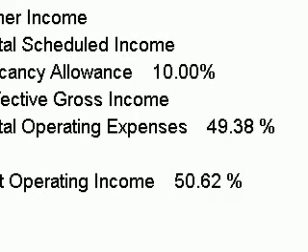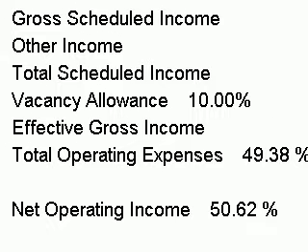And then the last few fields here are gross scheduled income, other income, total scheduled income, vacancy allowance, and the computer also puts a percentage there. Estimated gross income, total operating expenses, the computer figures a percentage for that as well, and then net operating income.